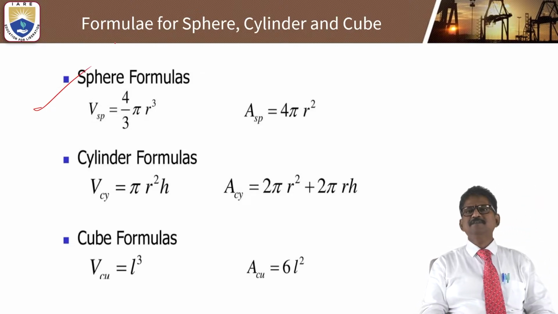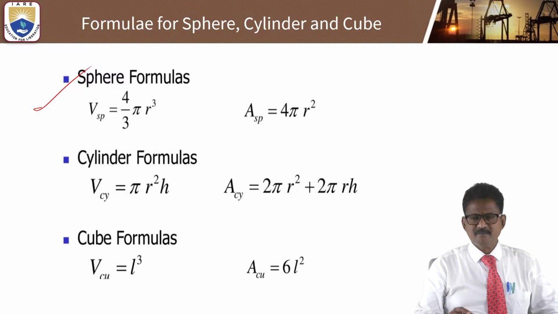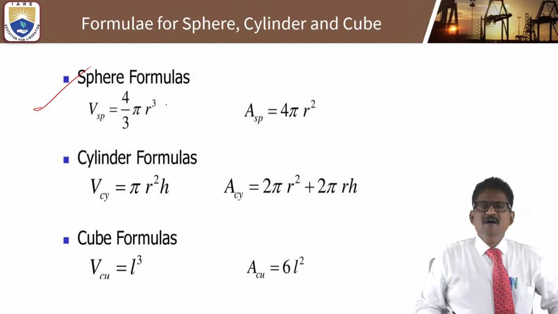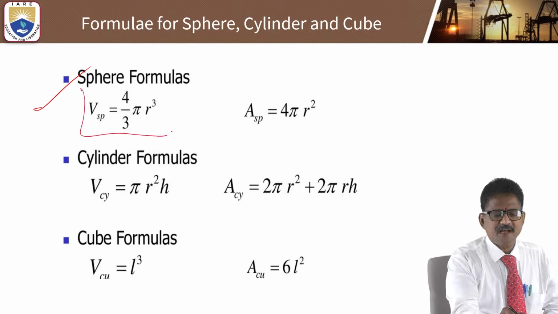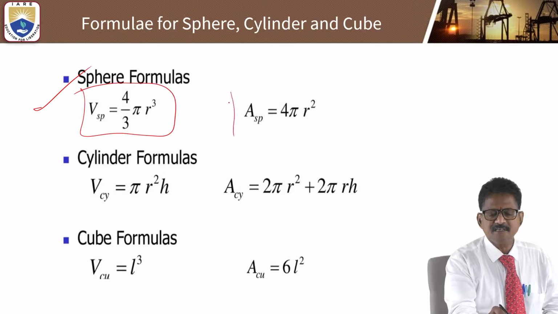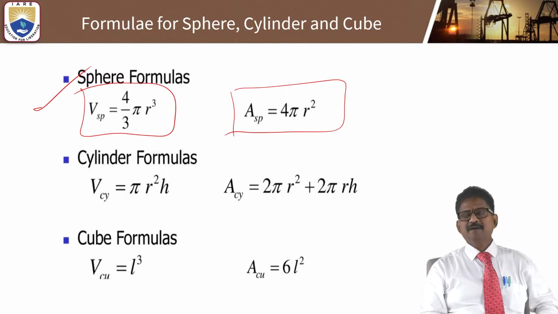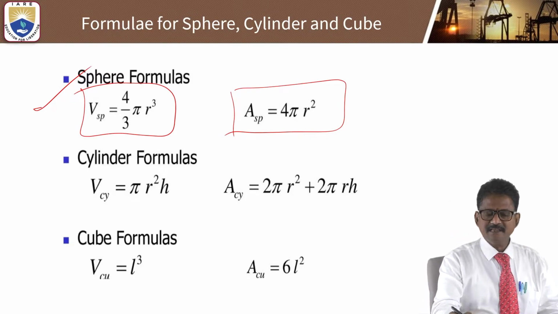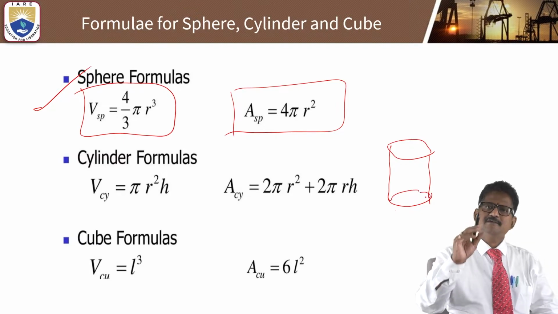Sphere means the volume is 4/3 pi r cube, and the surface area is nothing but 4 pi r square. If you take the cylinder, there will be one top and bottom circle and the height.